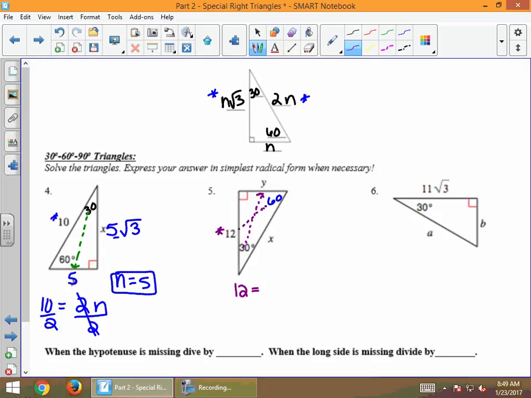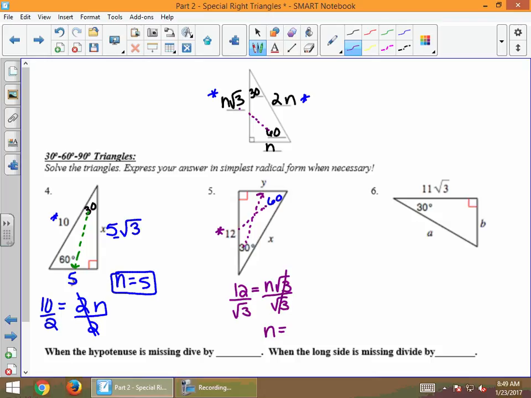Okay, so you're going to go to your diagram. Well, the side across from the 60 is n radical 3. So we're going to set that equal to n radical 3. Solve for n. So we divide by radical 3. Going to use that shortcut we talked about in that previous section.